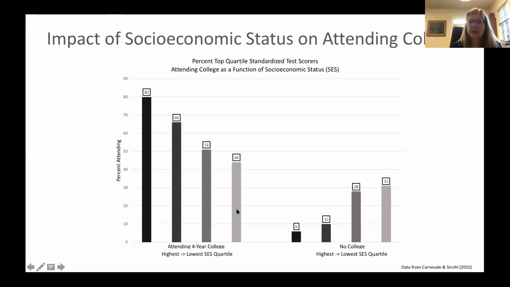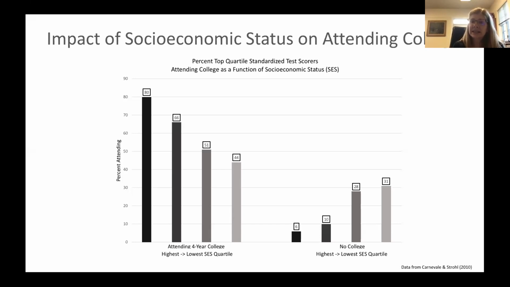So what we're going to do here is look in this set of bar graphs at the students that went on to college, to a four-year college as a function of family income. So darkest bar, highest quartile, SES, 80% of those students go to college. Only 44% of the lowest quartile go to a four-year school.